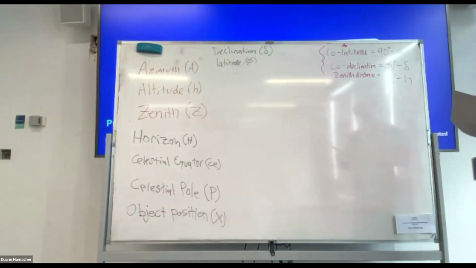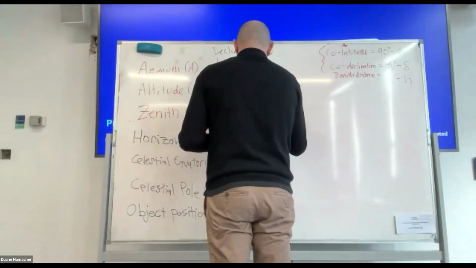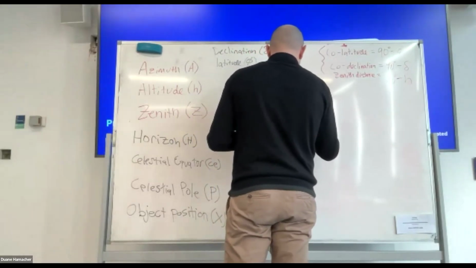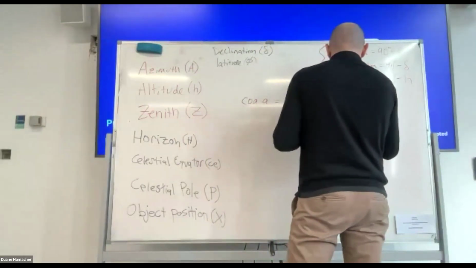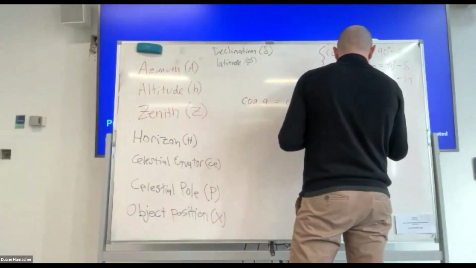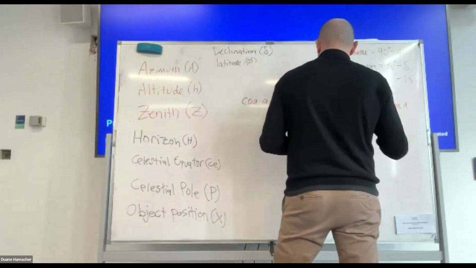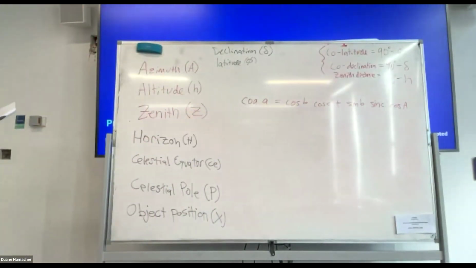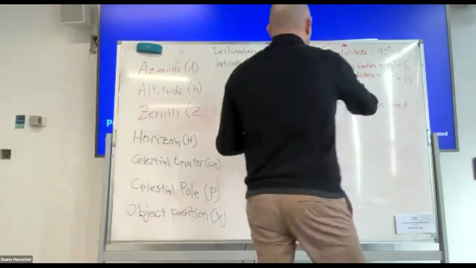So our spherical law of cosines is that the cosine of our angle A is going to be equal to cosine B times cosine C plus sine B times sine C times cosine A. Everybody remembers this, it's trivial, right?